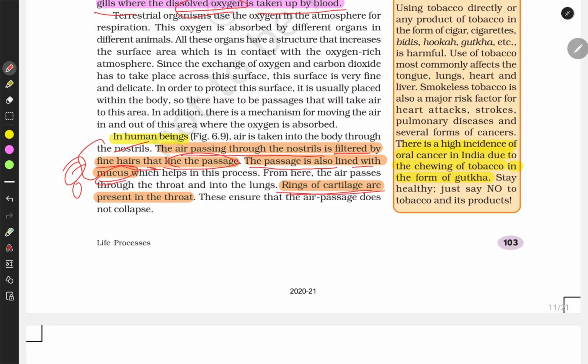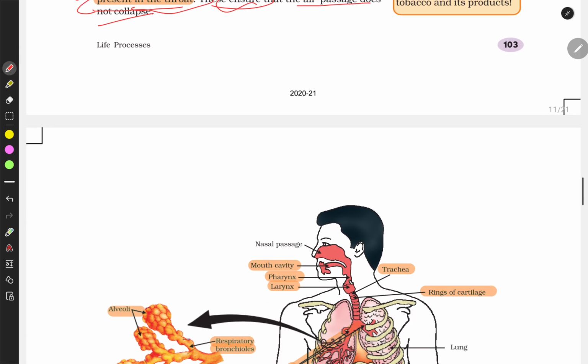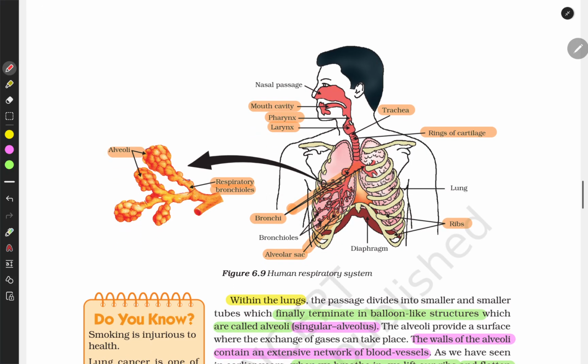Rings of cartilage are present in the throat, and that ensures the air passage does not collapse. This is the human respiratory system.